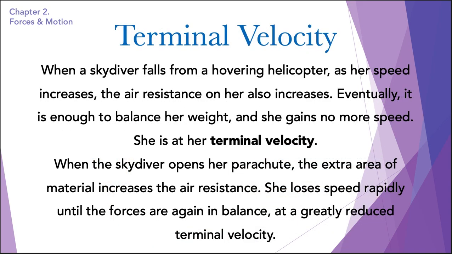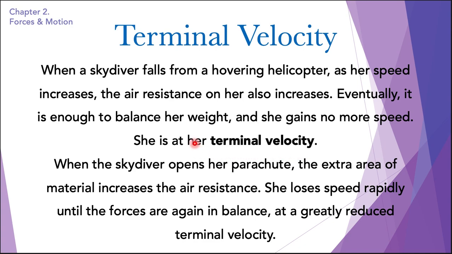Now let's look at terminal velocity. So when a skydiver falls from a hovering helicopter, as her speed increases, the air resistance on her also increases. Eventually, it is enough to balance her weight and she gains no more speed. She is at her terminal velocity.